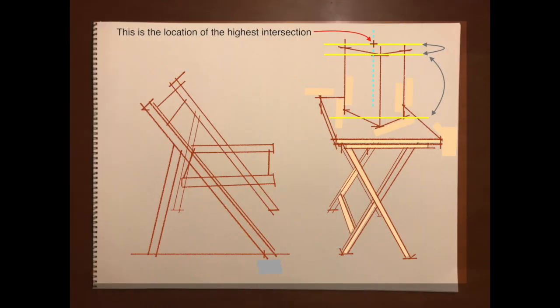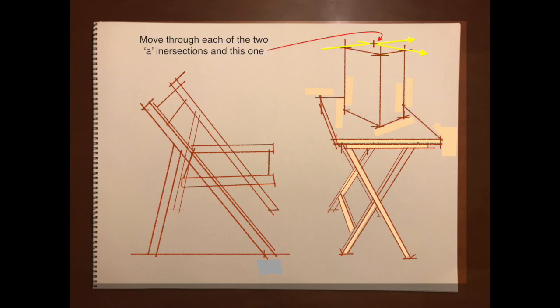And with those two considerations, we've located the last intersection, which is also the highest intersection in your composition. And you know what? I kind of think you see this coming. We're going to move through those intersections, just like you expected.